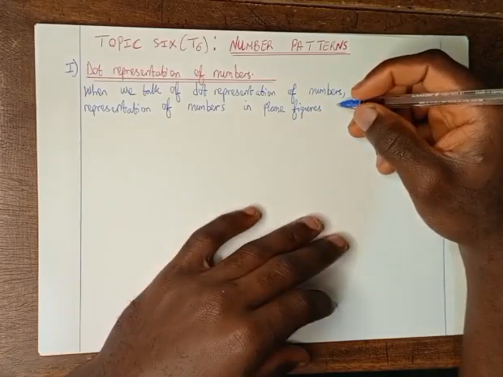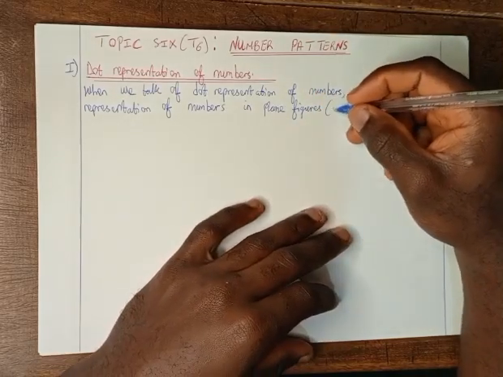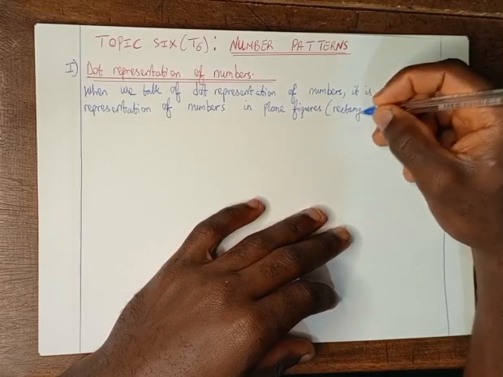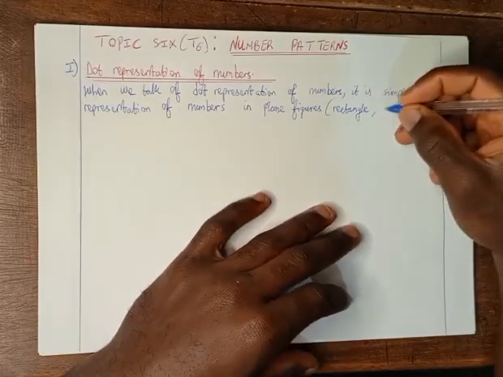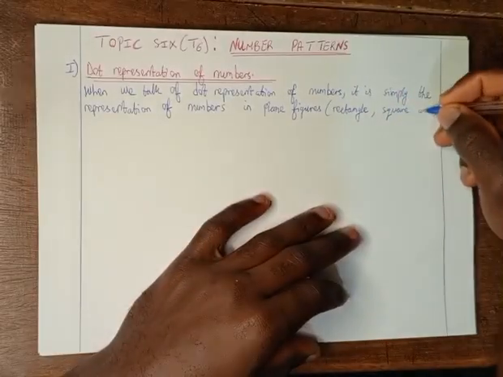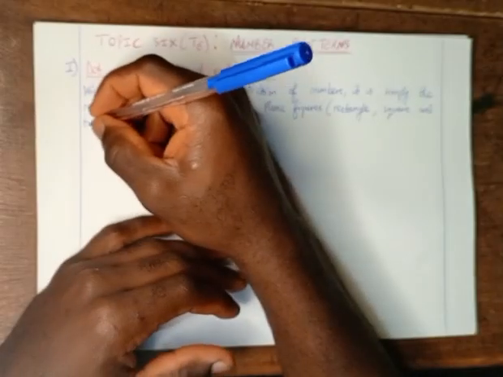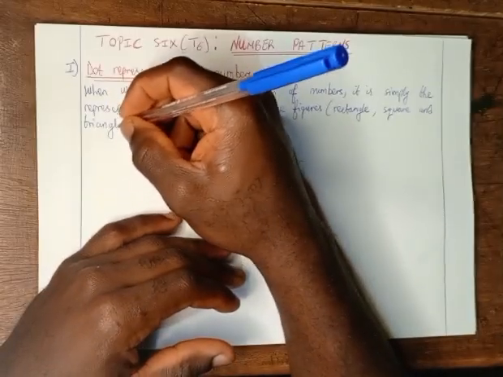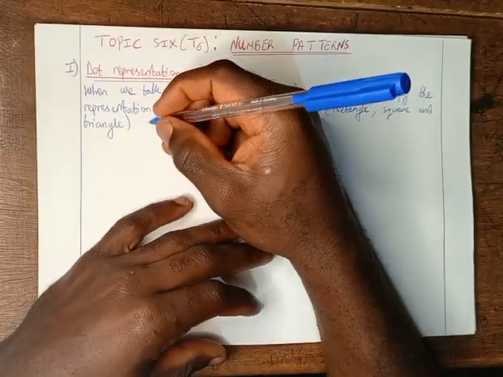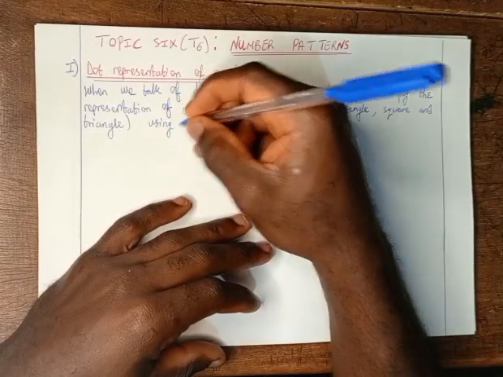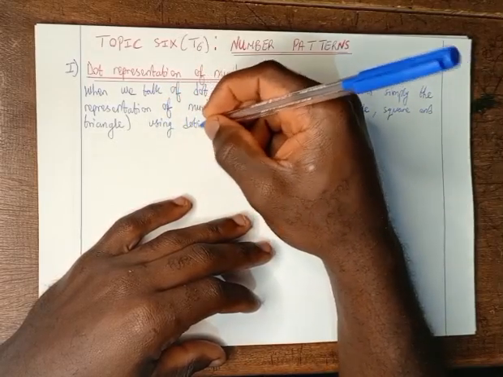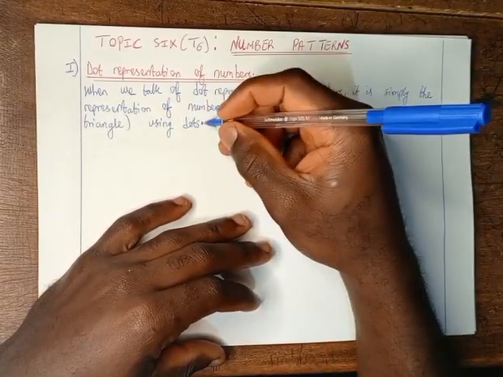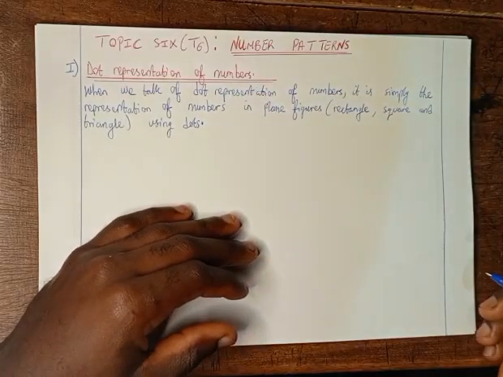When we talk of plane figures, that means rectangle, square, and triangle, using dots. This is a dot, like this full stop here, it is a dot.